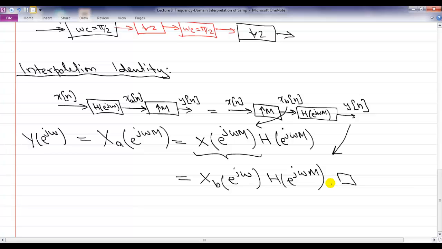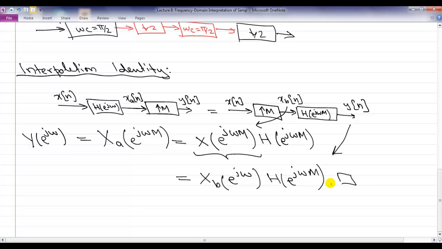It's exactly the same exercise, so we won't go over that in detail. So that finishes up our discussion about decimation and interpolation.